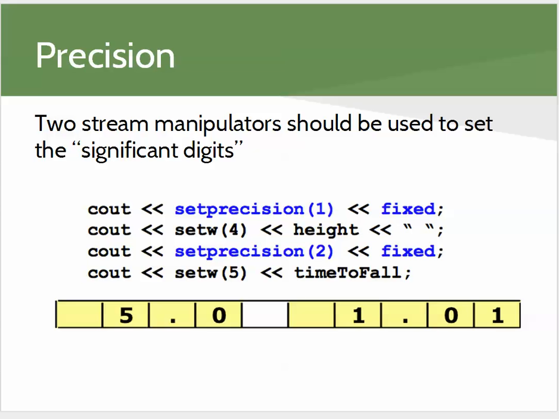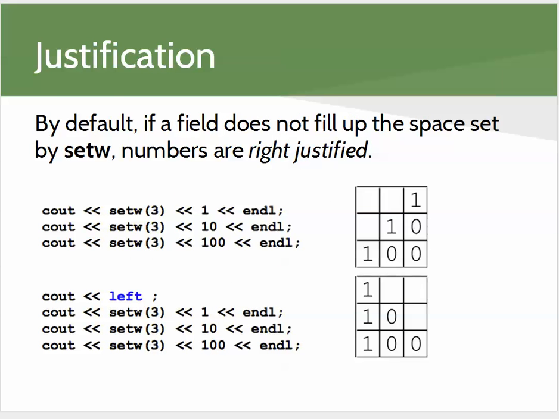Now the third one that we're going to look at before we see a larger example is dealing with justification. You'll see that all 3 of these sort of work together. Justification only really is applicable when you're using set width. When you use set width, we're going to have a specifically set number of digits that are going to be reserved for a value.